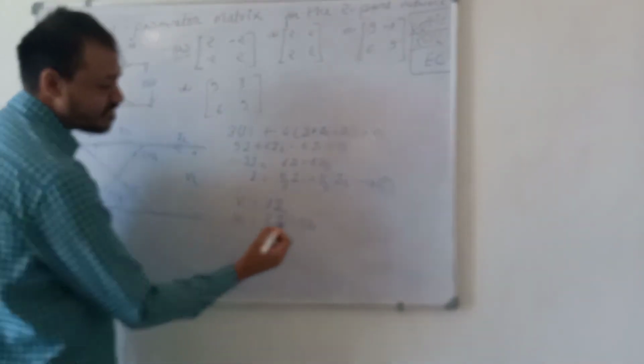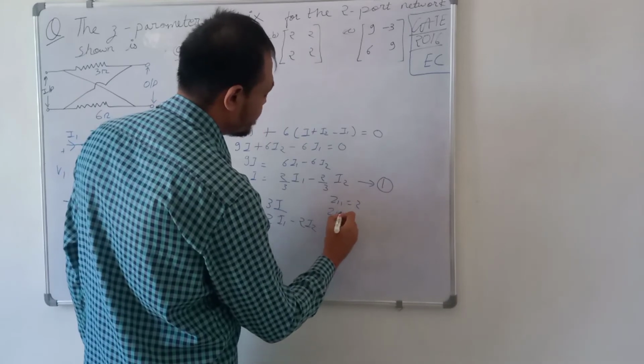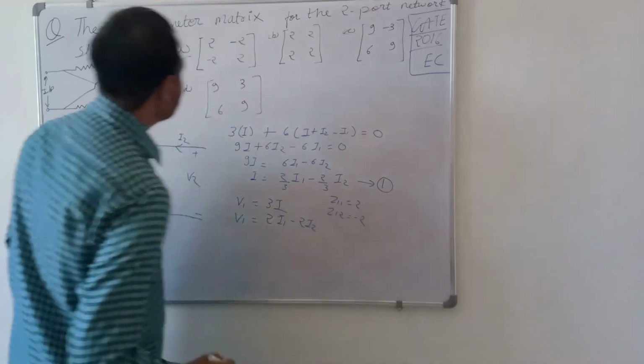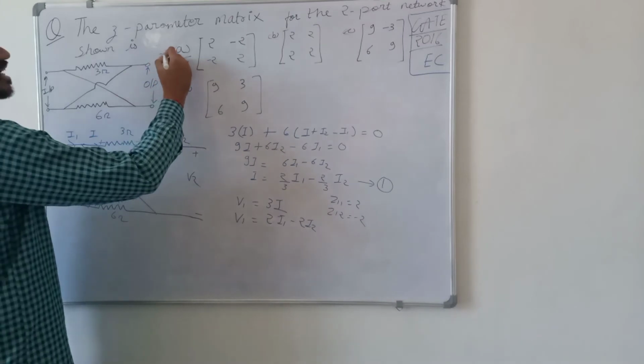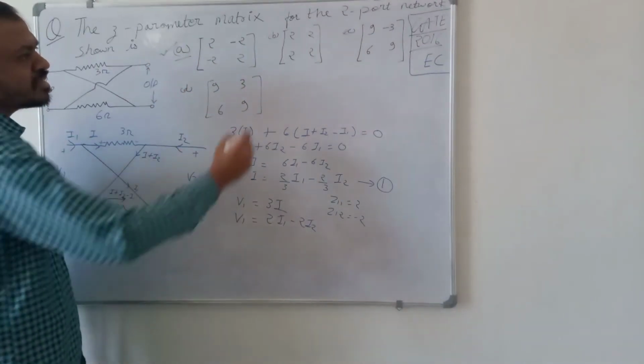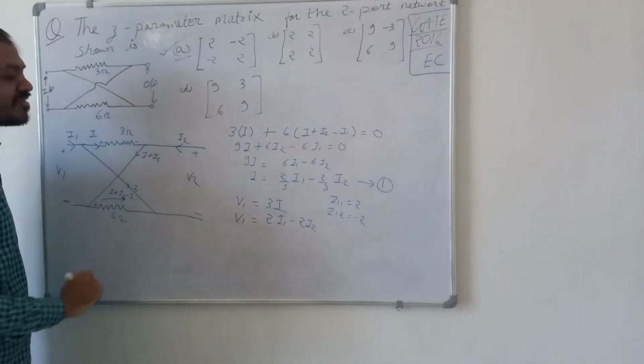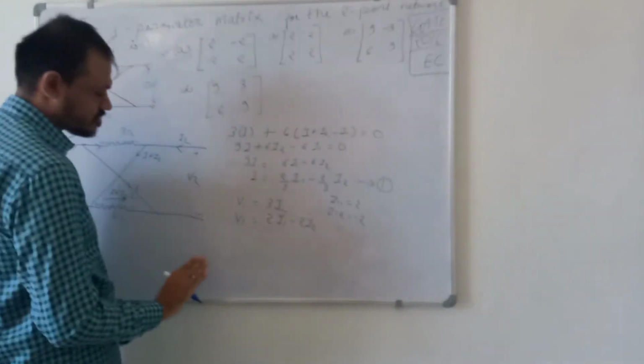So now Z11 is 2 and Z12 is minus 2. So if you see the options, then option A is the correct option, because Z11 is 2 and Z12 is minus 2. In no other option is Z12 minus 2. But we can solve further also.